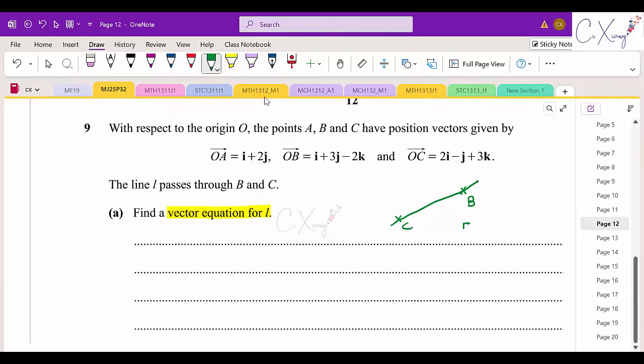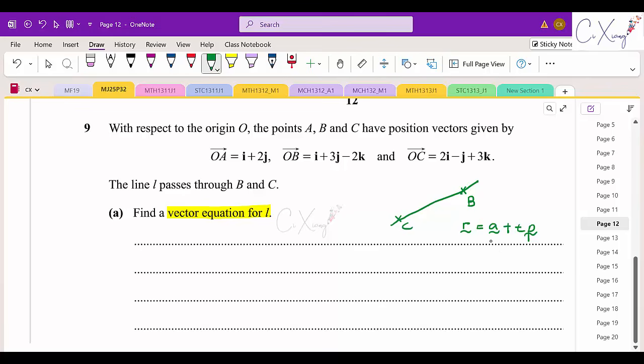To form the vector equation of a line, the general formula is r equals a plus tp. A means the passing point, then p means the direction of the line. Then t is a value that we just keep as a constant term.